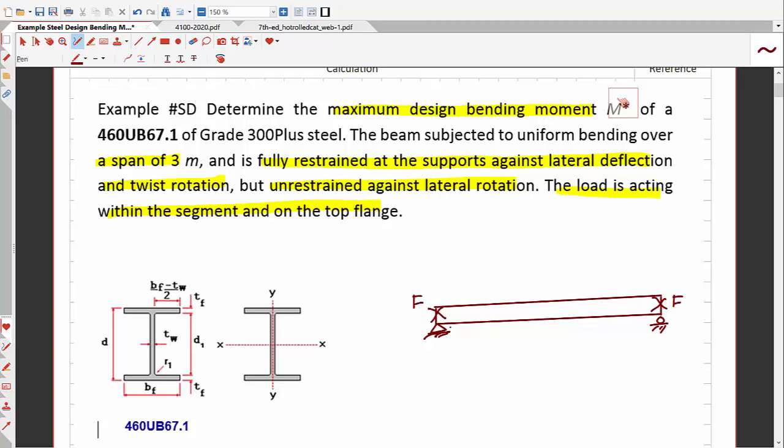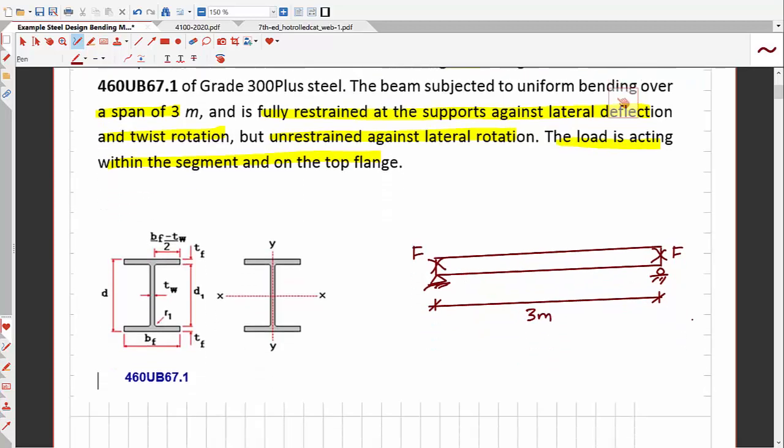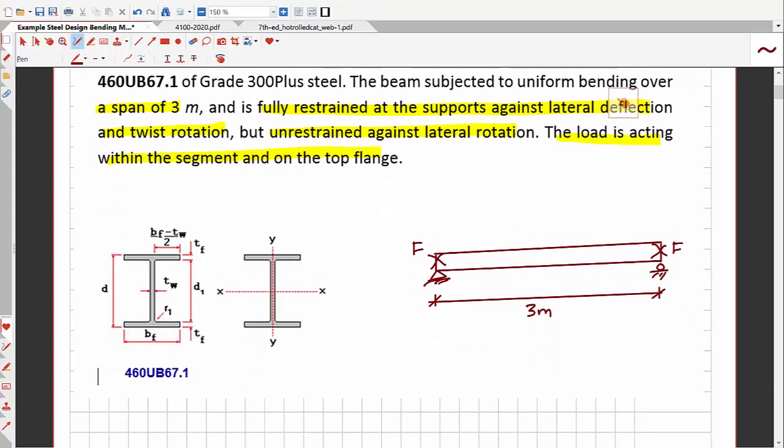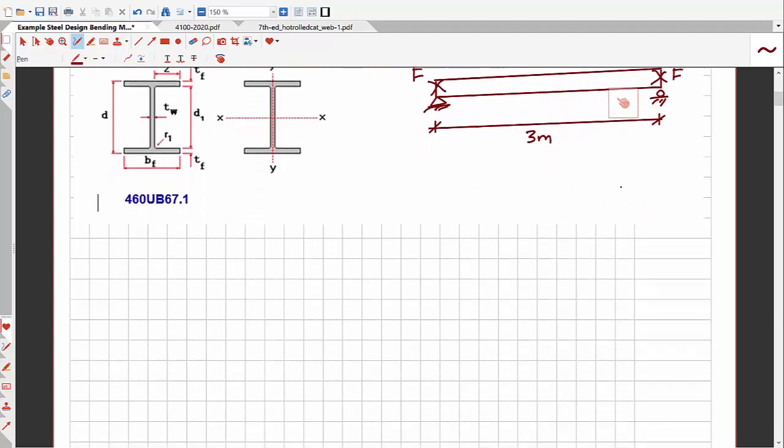And the span length is 3 meters, as we can see here. If you look at it from the top, there can be some lateral rotation in there. So let's analyze this beam, and let's find out the member moment capacity of this beam.